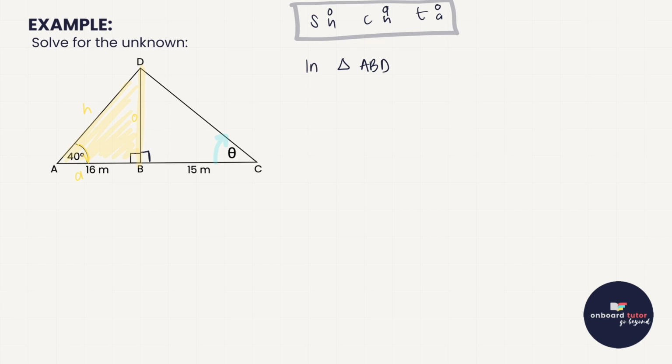Okay, so what do? We're looking for a side length. So that's when we take the side I want over the side I have. So at the moment, I want that side BD over the side I have in this yellow triangle, which is 16 meters. Okay, we have just seen that the side we want is the opposite over the adjacent.